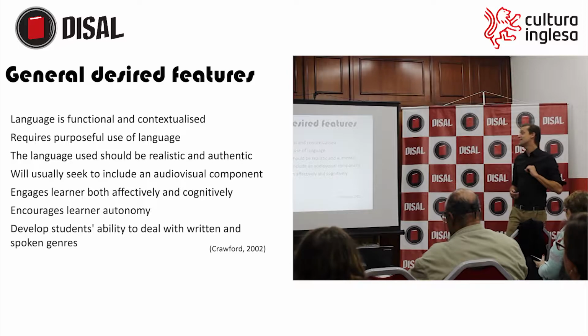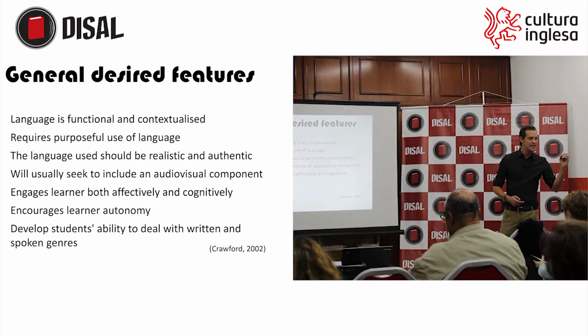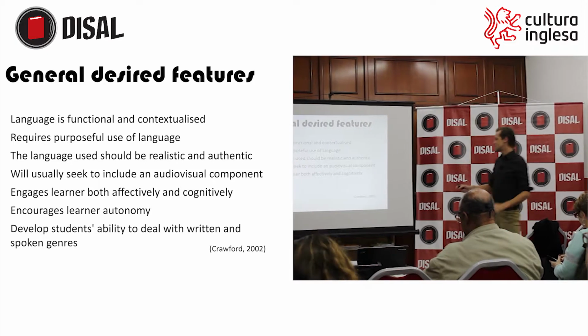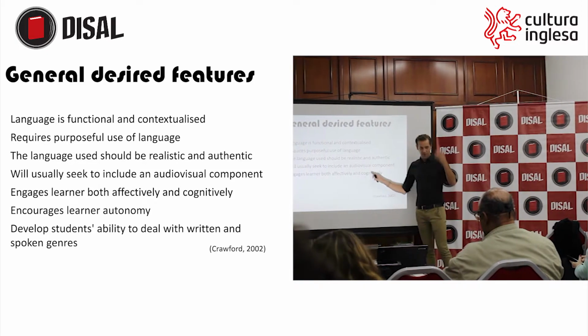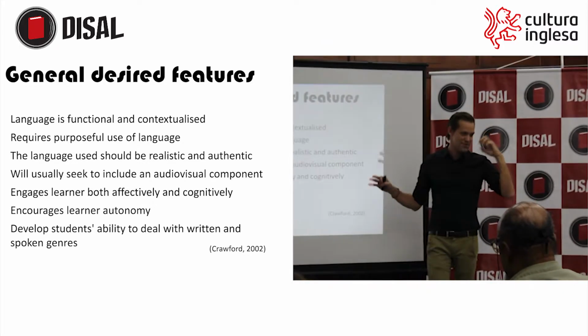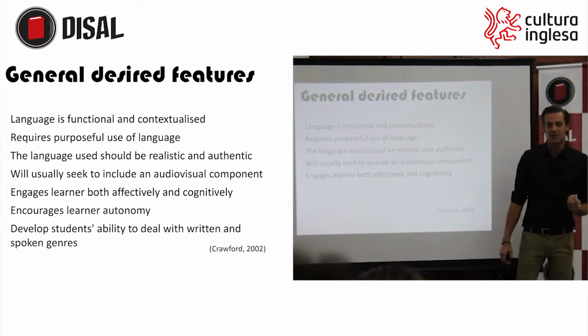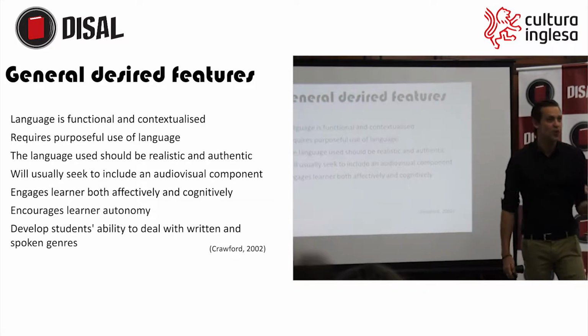And they should engage students both affectively and cognitively. So it's not just making students think and get tired and try to understand all the rules and all of that, but also topics that mean something to them, something that they want to talk about.